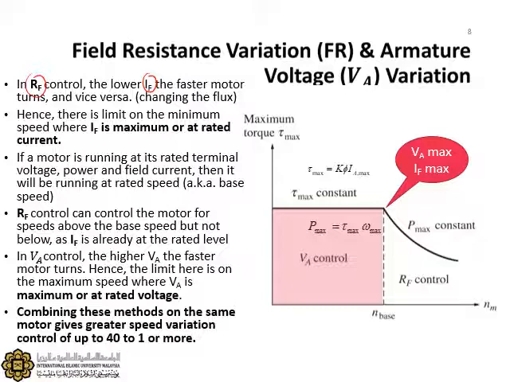So here the field resistance variation or field resistance control is actually used in this region here. And then again here, if you lower IF, the motor will run faster.